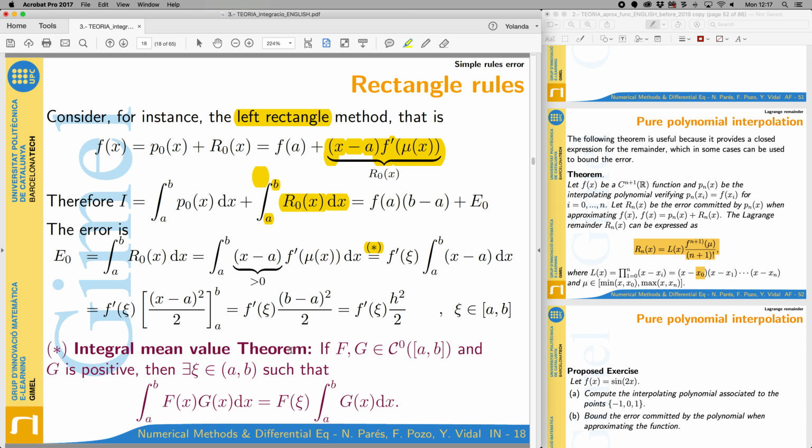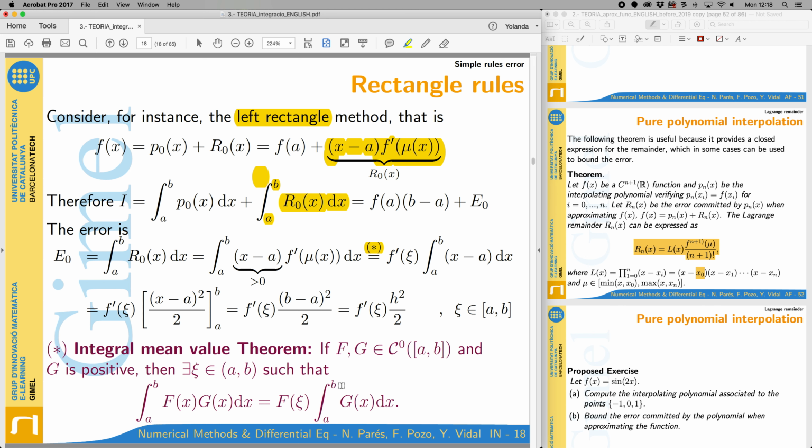This theorem says that if you have two continuous functions in a closed interval and one of them you can assure is positive, then there exists a point in the open interval AB such that the integral of the product of the two functions is equal to the value of the other function at a point C that we don't know, but it exists, times the integral of the function that is always positive in the interval AB.